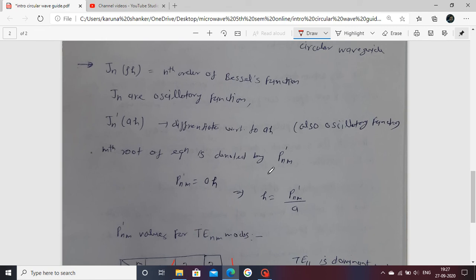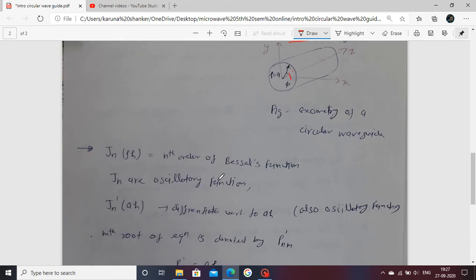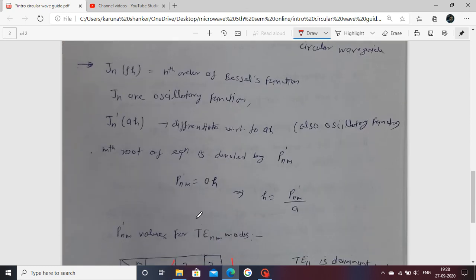There is also the Bessel function notation written here: the nth order Bessel function, an oscillatory function, Jn. You focus only on this relation. The wave number is p prime nm upon a, where a is the radius, and p prime nm is the value calculated from the Bessel function.